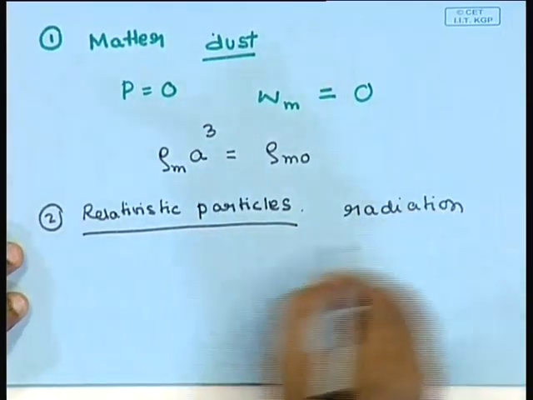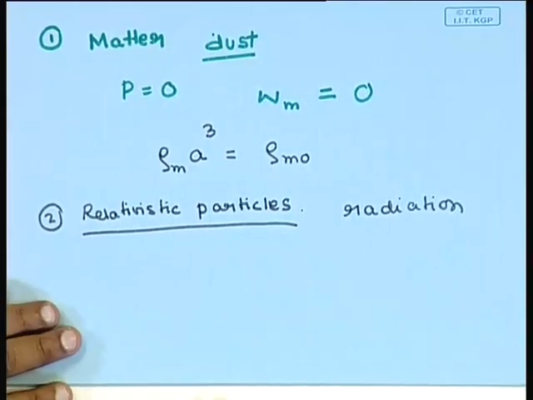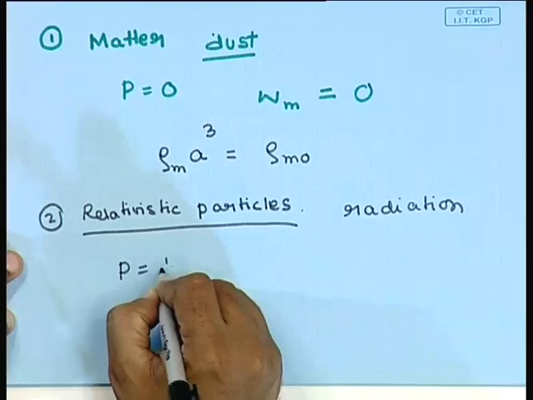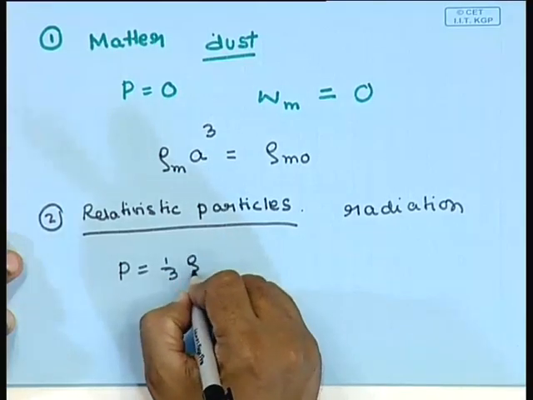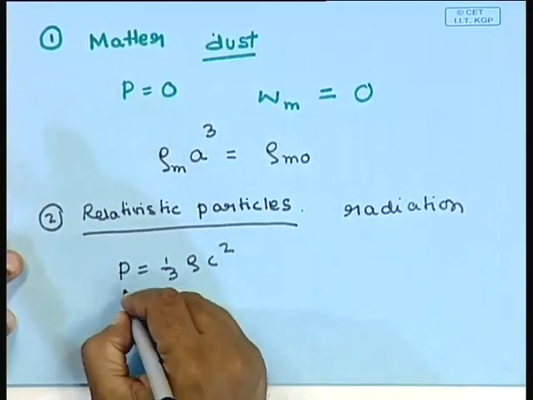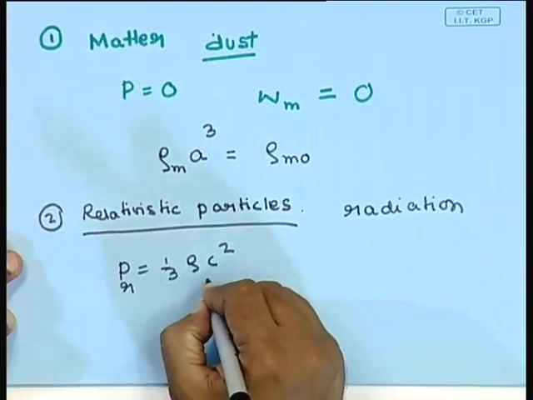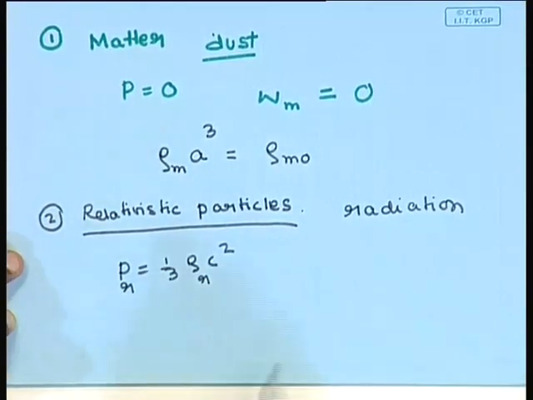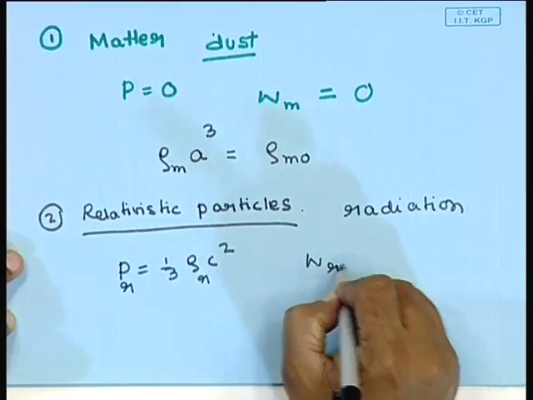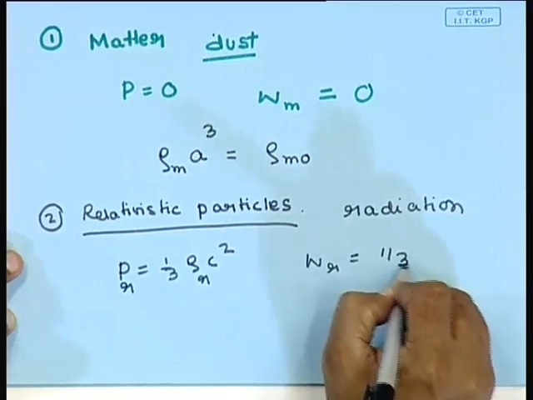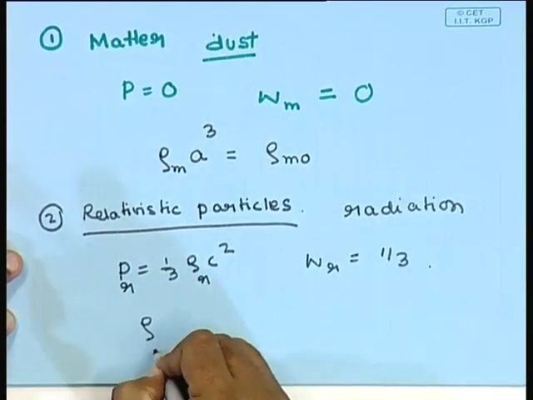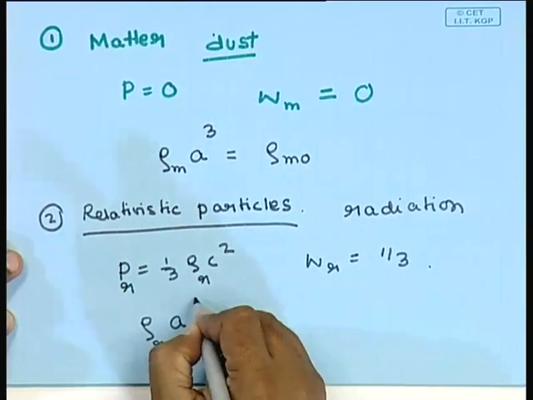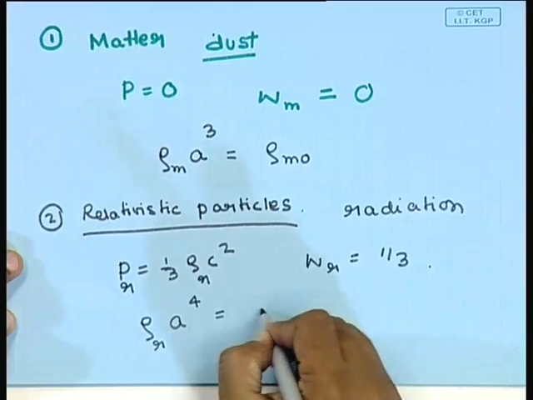So, this component describes a situation where our universe is filled with radiation, and this component has pressure 1/3 rho c square. We shall denote this component by a subscript r. So, W r is 1/3, and we have seen that rho r a to the power 4 is a constant.